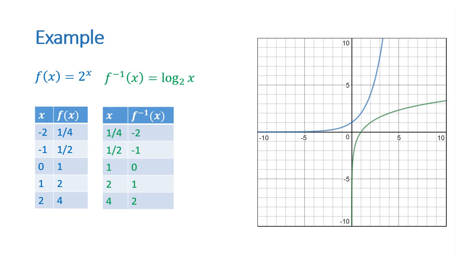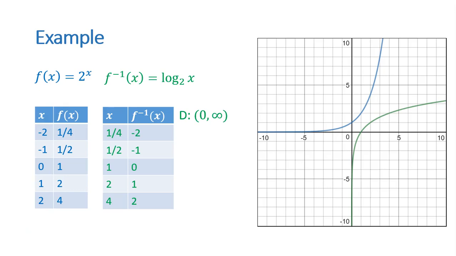We also know that the domains and ranges switch places. So the range of our exponential was 0 to infinity, not including 0. That means the domain for our logarithm is going to be the same thing, 0 to infinity, but not including 0. So in terms of what we can plug into a logarithm, we can only plug in positive numbers and evaluate.